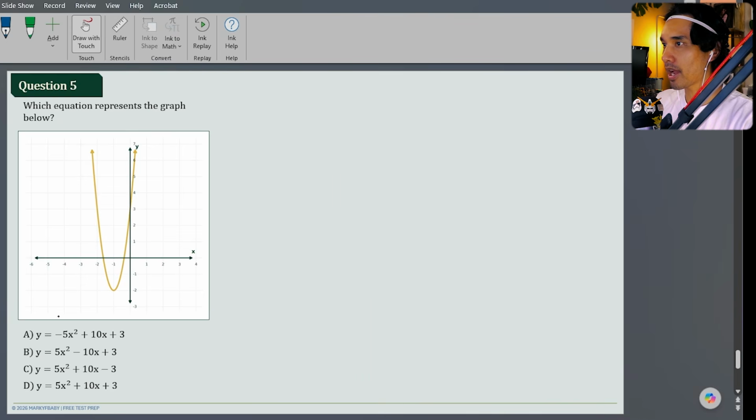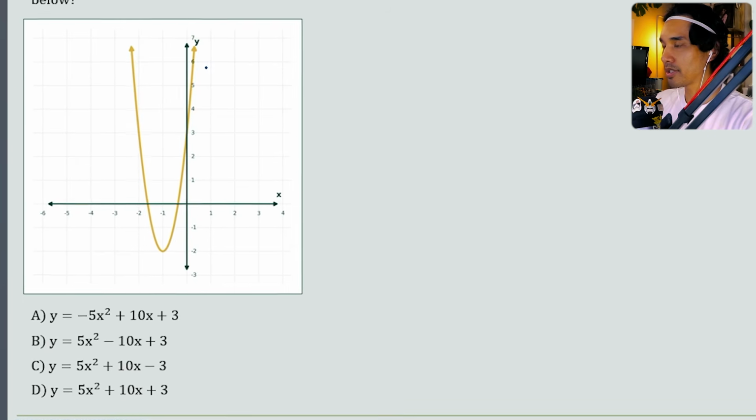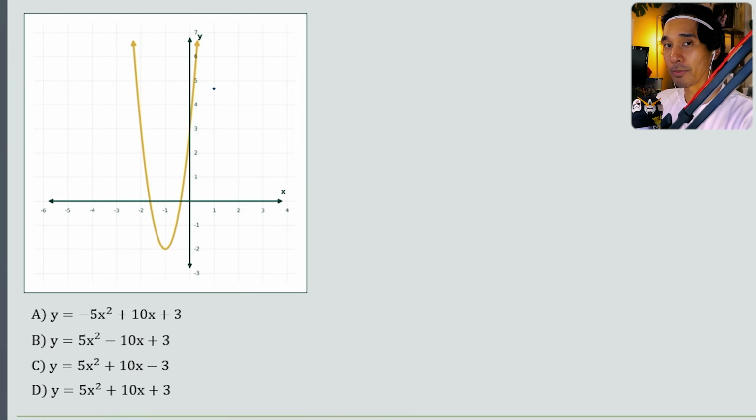Question number 5, which equation represents the graph below? Okay, so we have this here, and we just use the same steps. Number 1, we find that this is a positive parabola, right? So we look at our answer choices, and A is wrong because it has a negative a that would go down.